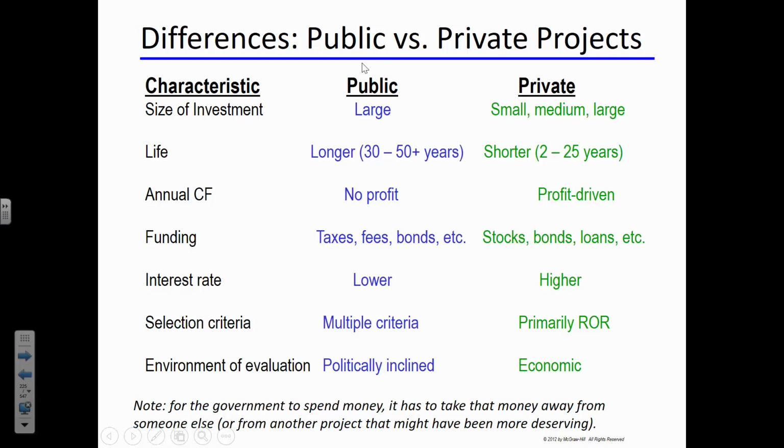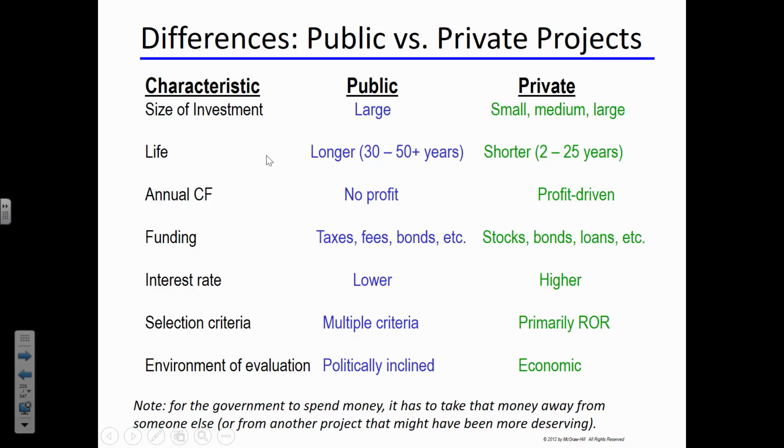Those big outlays have to be made by governments that are able to borrow money at a lower rate because they have the power to tax, and so therefore they have really low interest rates because they're considered more stable than private companies. But because of this ability to borrow at a low rate, the public sector is also able to take on projects that have a longer time frame.